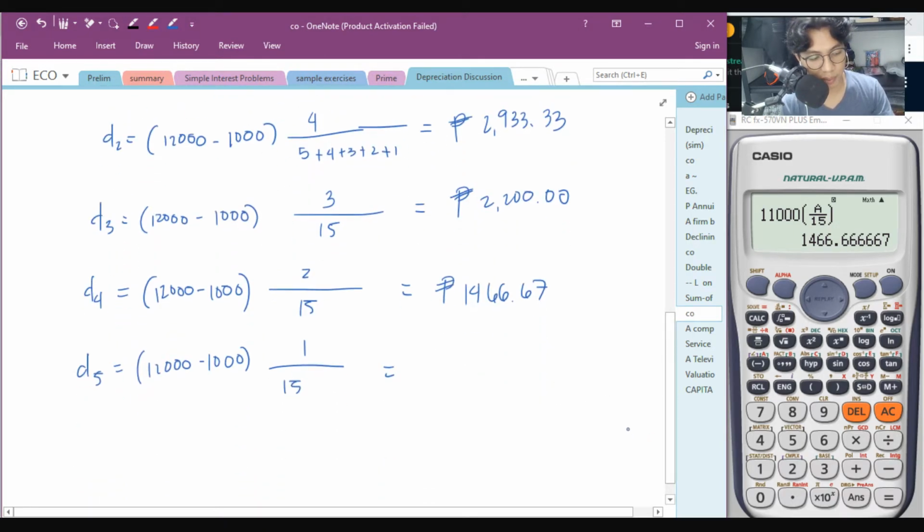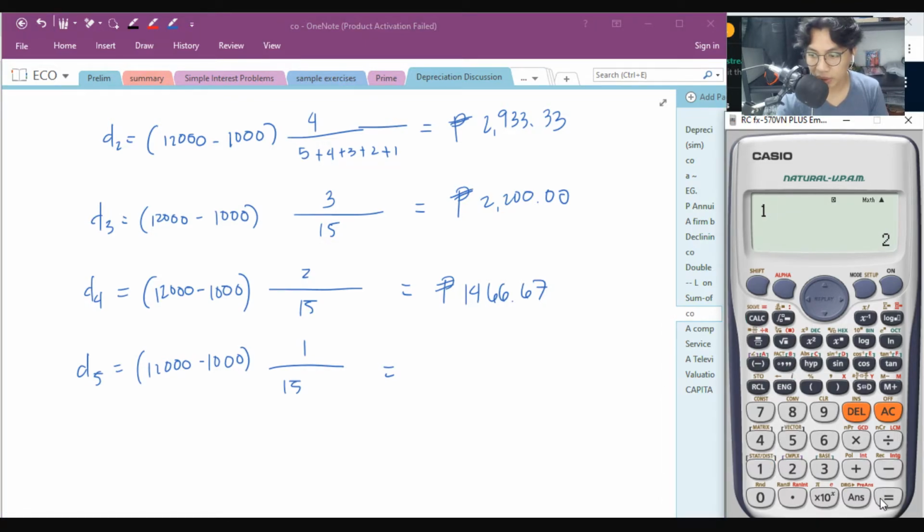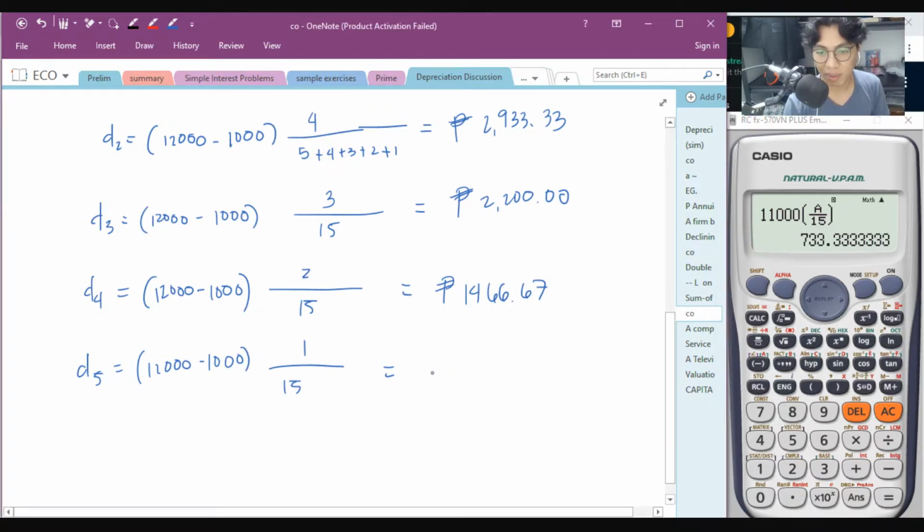And then, D4, D5, calculate again. Mas mababa na yung value niyan. So, 733 na lang. Pag sumunod dyan, bumaba na. 733.33.